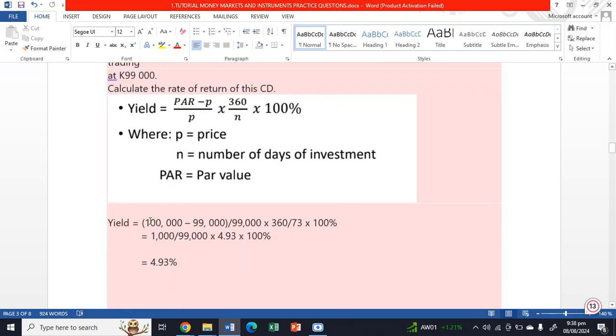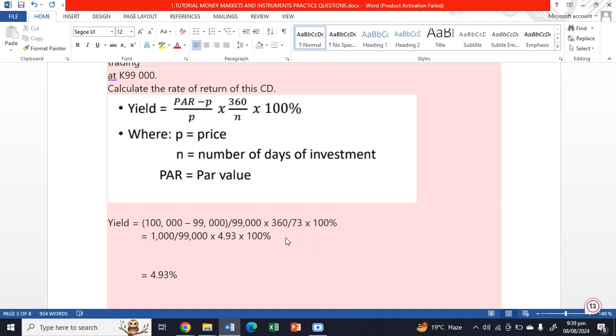Par value 100,000. P, which is the price, 99,000. 100,000 minus 99,000 is 1,000, divided by 99,000. Then 360 divided by 73, we get 4.93.